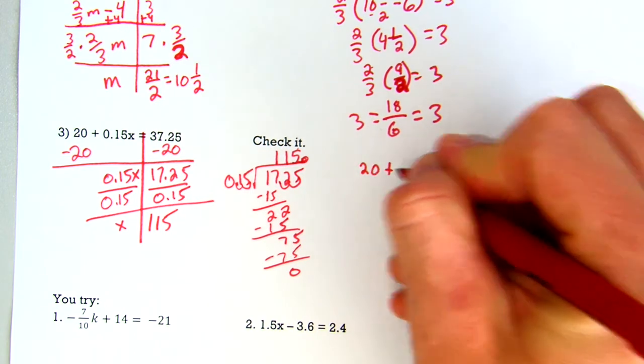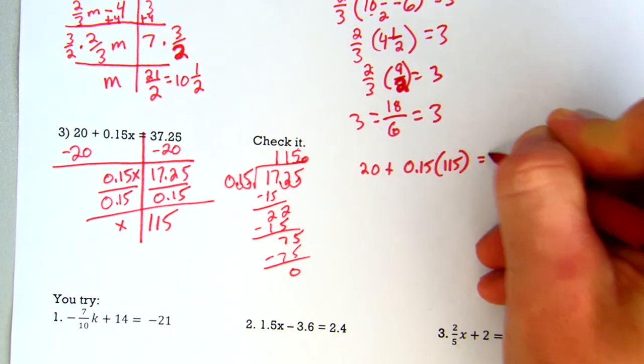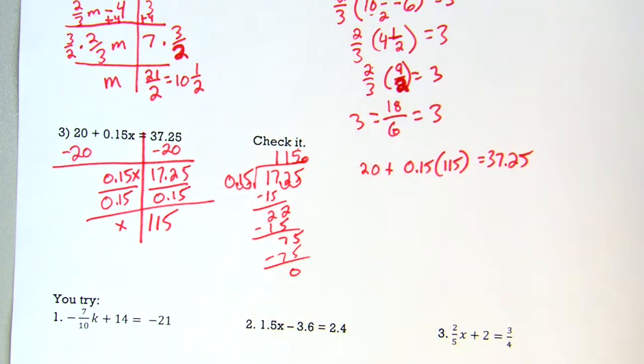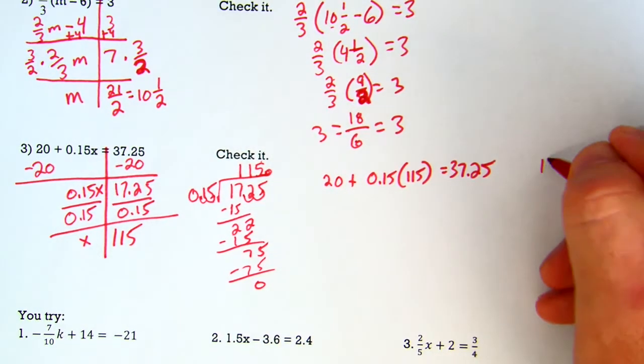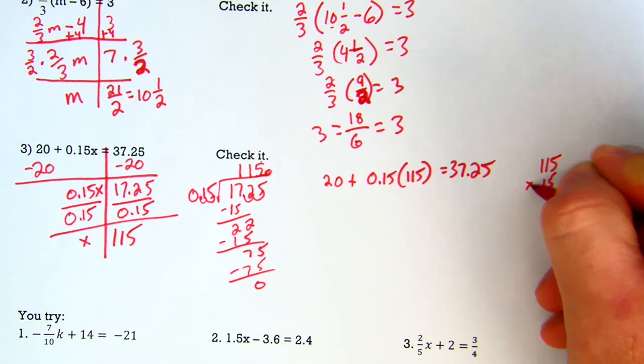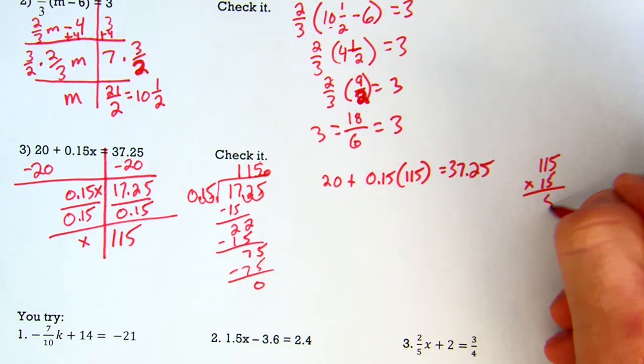So I do 20 plus 0.15 times 115 is equal to 37.25. Now if I don't have a calculator, I have to solve this. So I do 115 times 15, because I'm multiplying 0.15 as if there were no decimals.